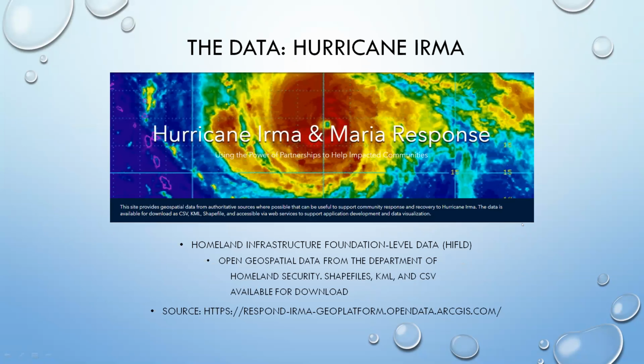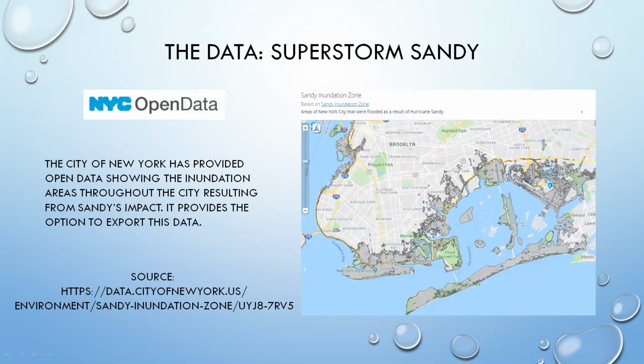With Hurricane Irma, the Department of Homeland Security seemed to have the best information that I could find. They had a lot of geospatial data for that particular hurricane, so that's the source that I plan to use. And then for Superstorm Sandy, New York City had a lot of good geospatial data to use for that flooding event.